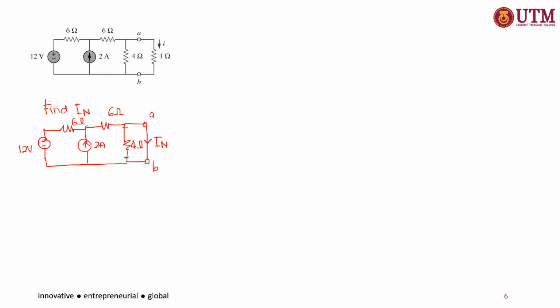Okay, so now your equivalent circuit will be: this is your terminal A, this is your terminal B, this is IN that we want to find. This is a 6 ohm, 2 ampere, plus minus 12 volt.